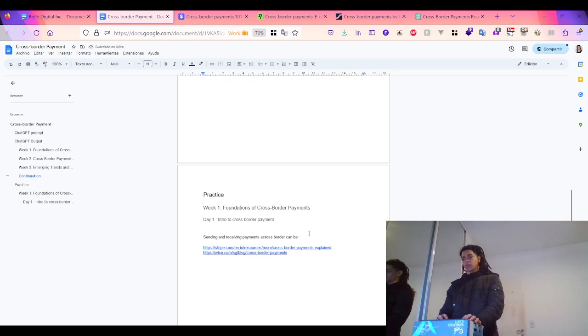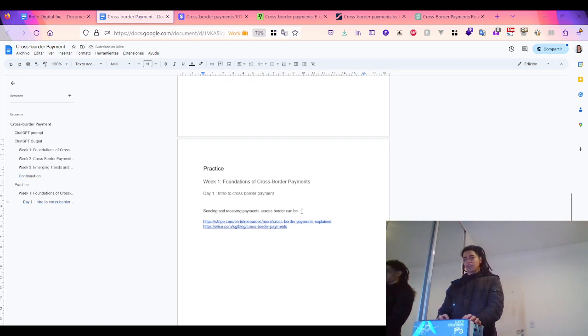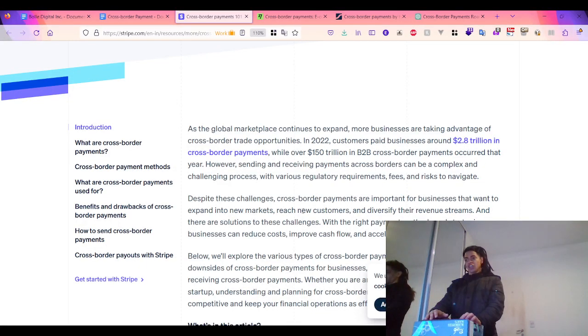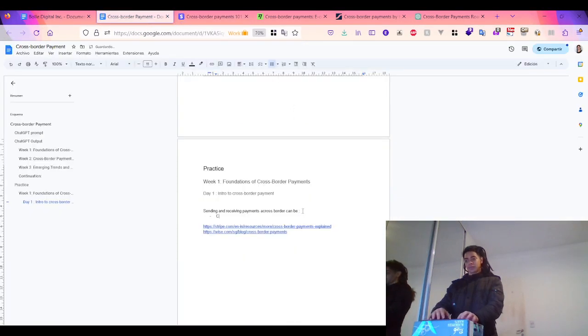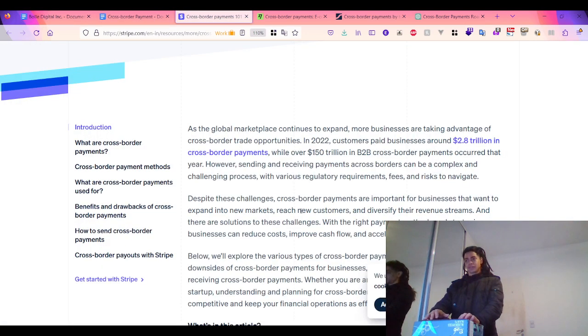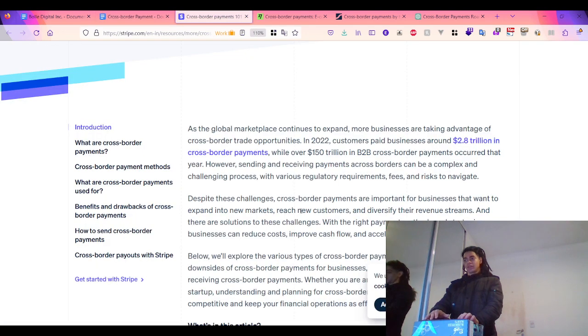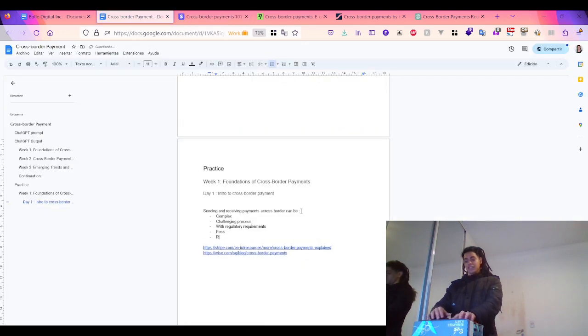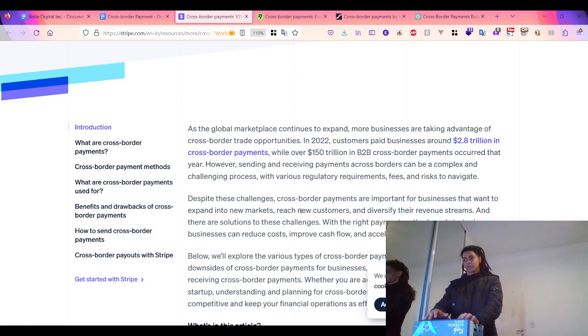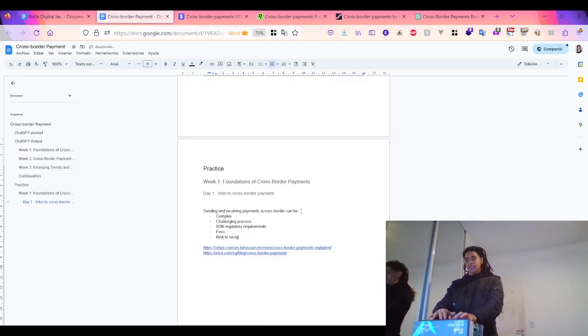So sending and receiving payments across borders can be a complex, challenging process with regulatory requirements, fees, and risks to navigate.